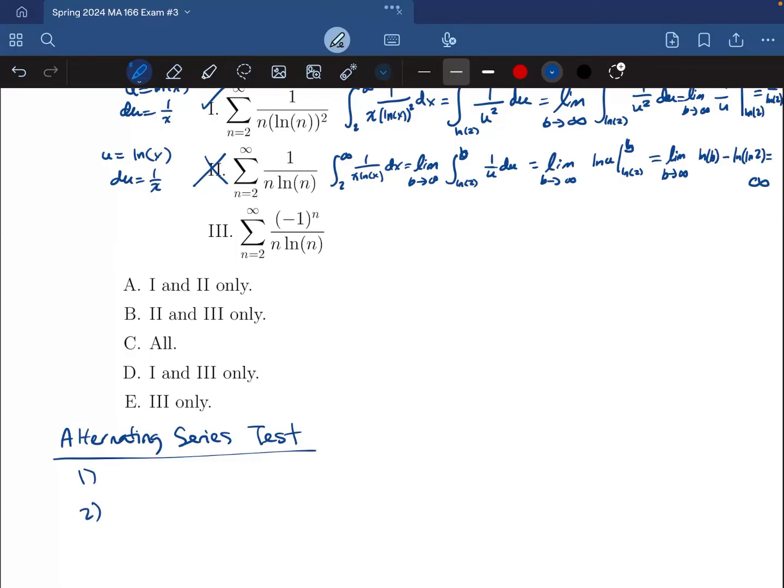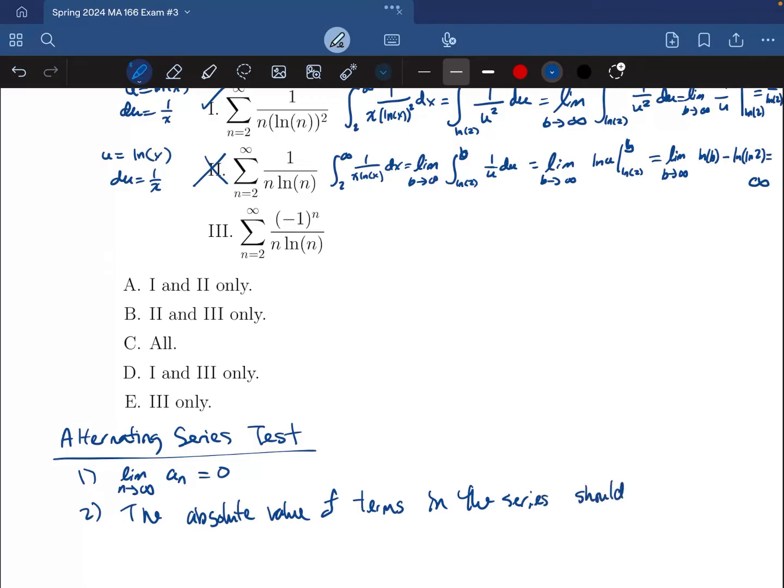The first condition is that the limit as n approaches infinity should equal 0. So if an is the nth term in the series, then that limit should equal 0, and the absolute value of terms in the series should eventually be decreasing.